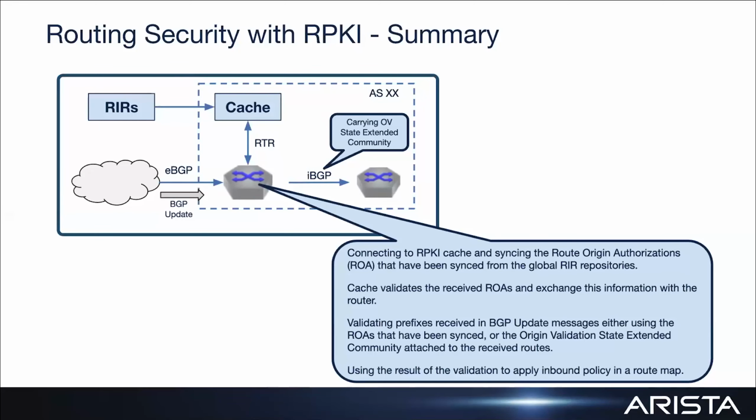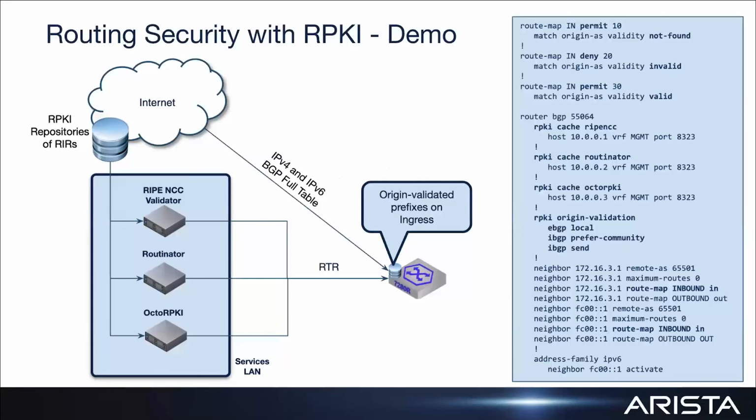Next slide, please. Now we can have a look at a live demo and how RPKI would look on an EOS system. In this demo, I'm having three RPKI caches set up. I do have a router on the right side. The caches speak RTR with the router, and the router itself holds a BGP full table.